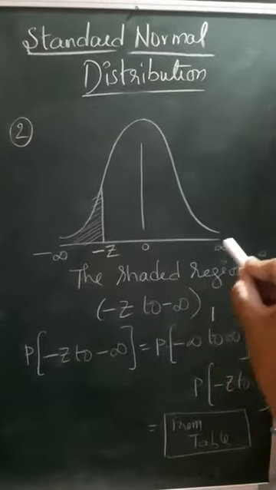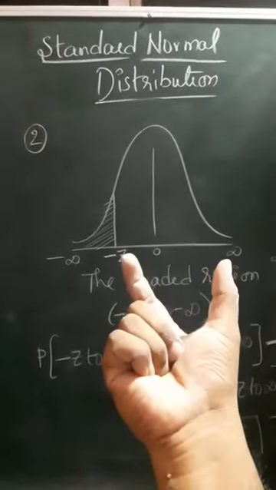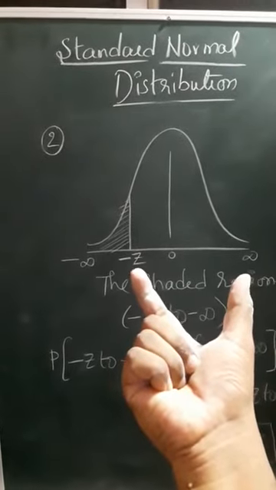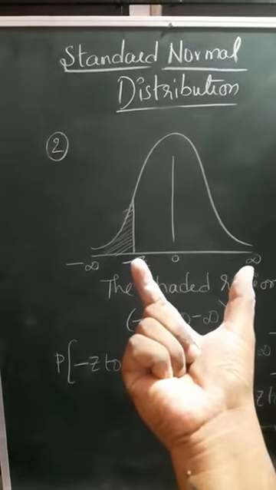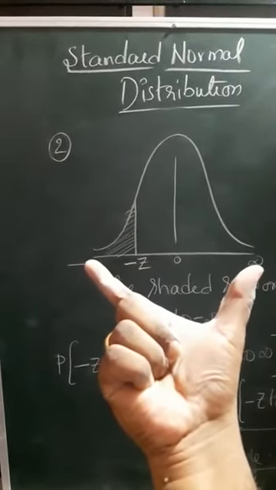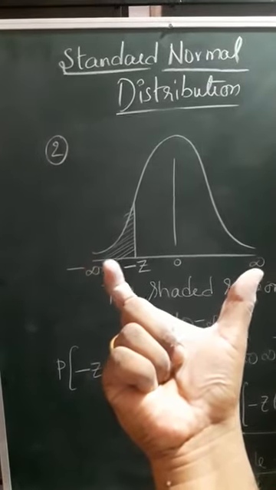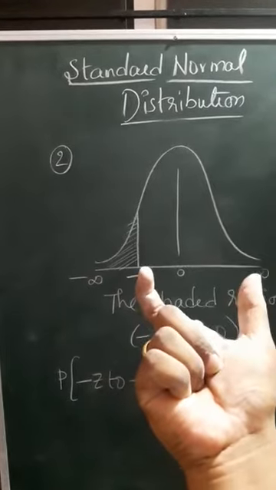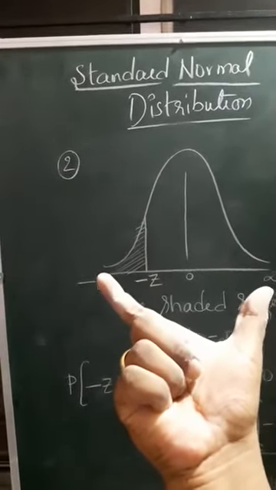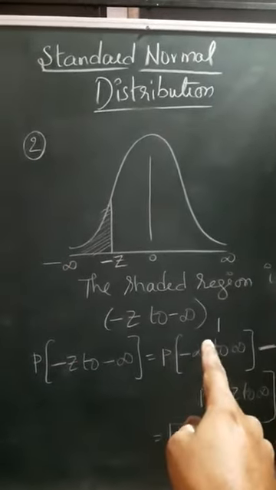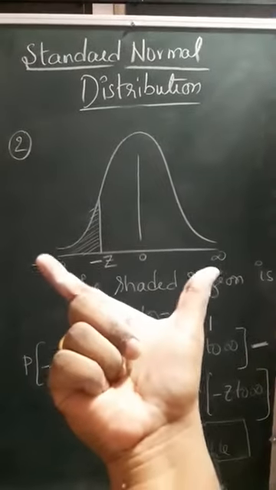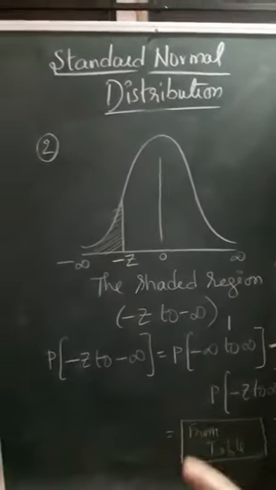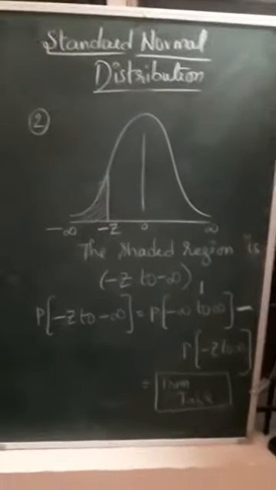From the total, just remove minus z to positive infinity. This is the total, right? From this total we want from here to here, so in this total I have removed this area. So what is this value? 1 minus the z to infinity table value. From the table you will be getting it.